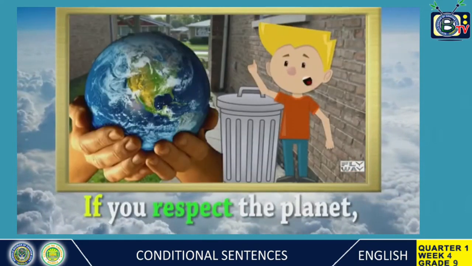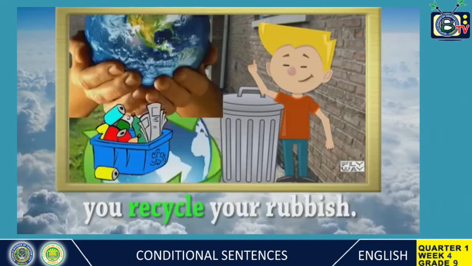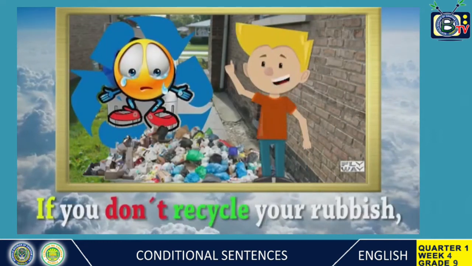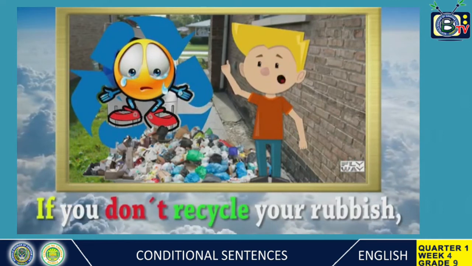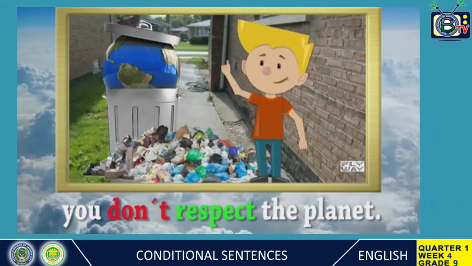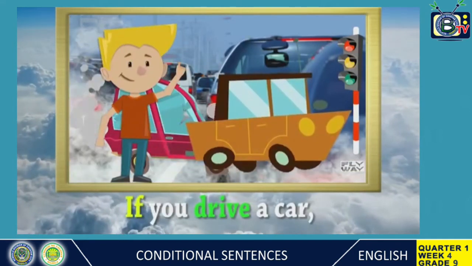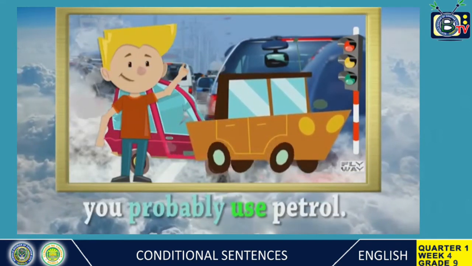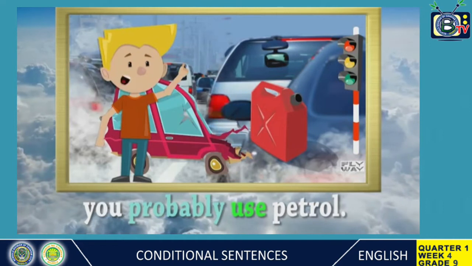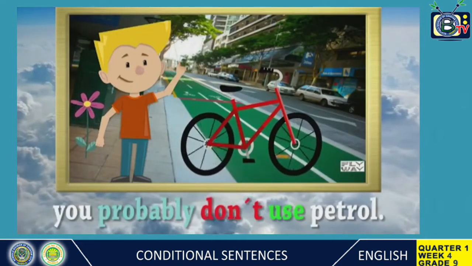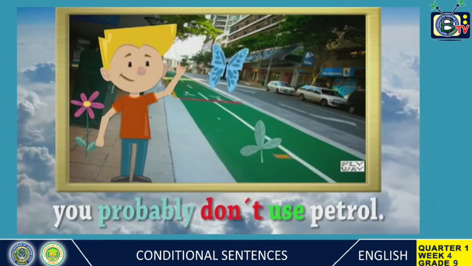If you respect the planet, you recycle your rubbish. If you don't recycle your rubbish, you don't respect the planet. If you drive a car, you probably use petrol. If you don't drive a car, you probably don't use petrol.